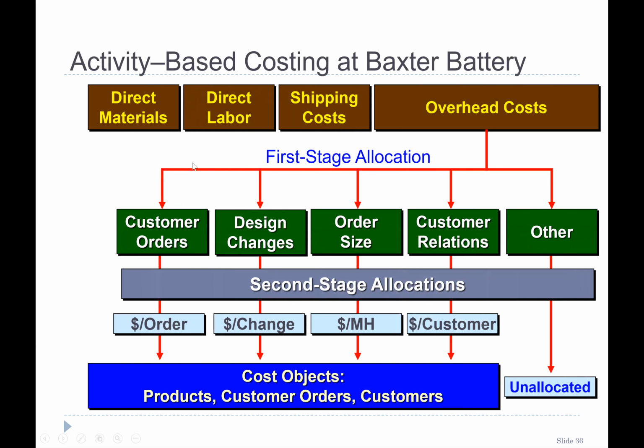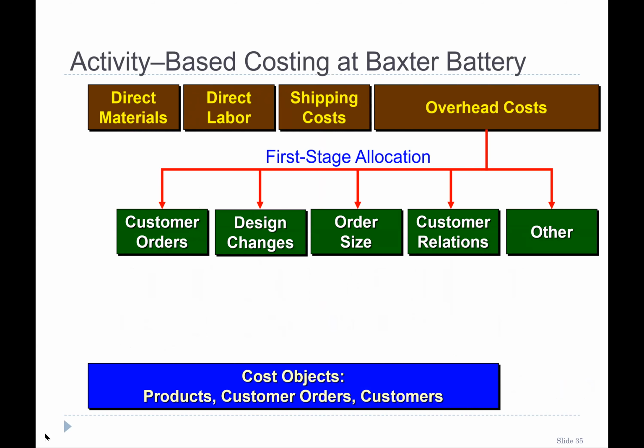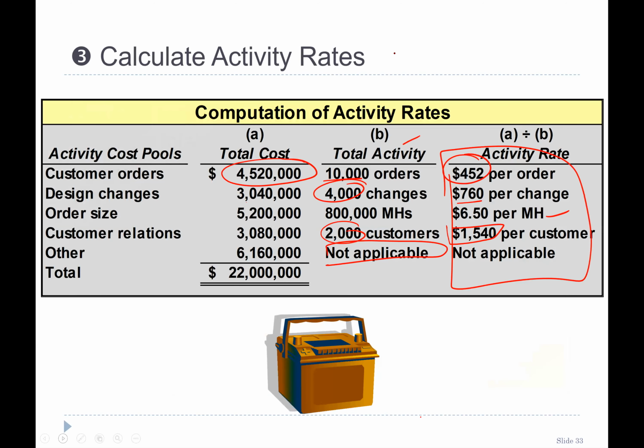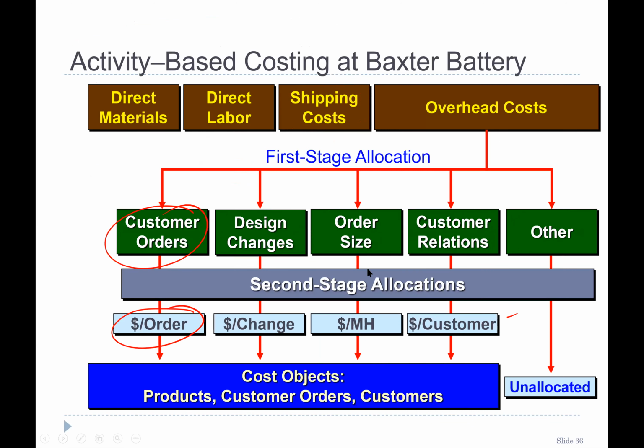From the first stage allocation, we then applied the second stage allocation, which is to find the per unit activity rate, which we just completed: customer order cost divided by number of orders. So the stage in which we calculate the activity rate we call the second stage allocation, right?